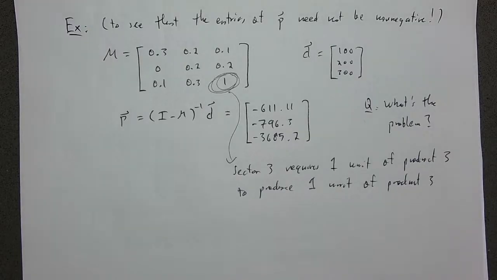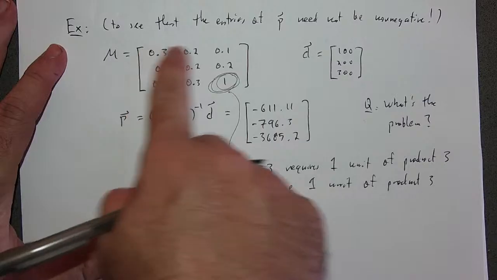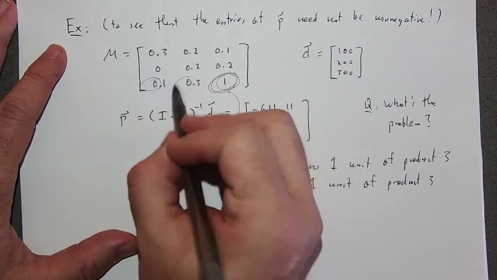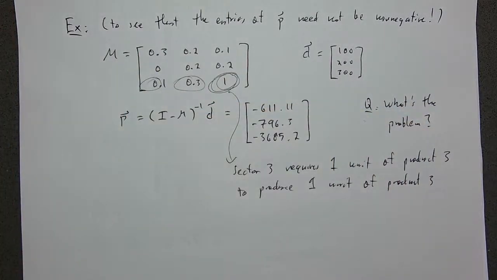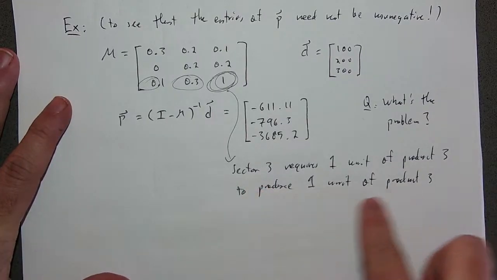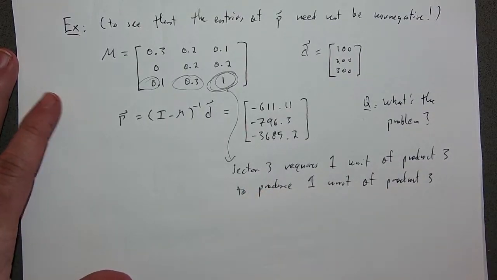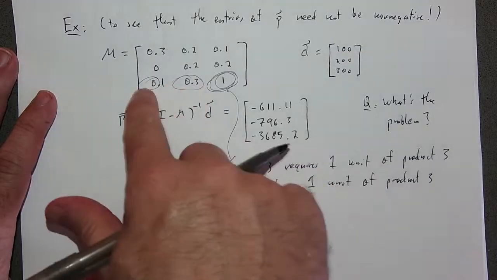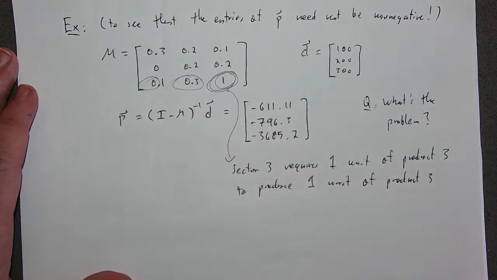But the thing is that sectors 1 and 2 also require some amount of product 3. So just to make 1 unit of product 3, sector 3 requires an entire unit of product 3. But then there's more of product 3 that is required by the other sectors to make sure that this production happens.